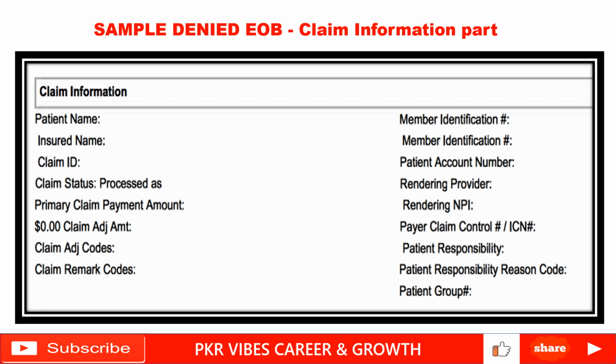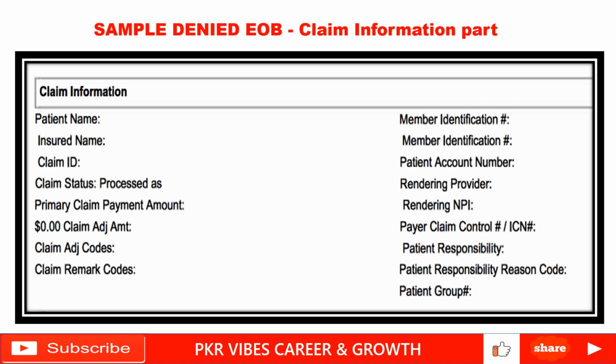Nothing but insurance has processed the claim; I mean, they completed their adjudication and they denied the claim. At that time, one number is generated by the insurance company. That insurance generated identification number is known as a claim ID. You will see that ID on the claim information part.